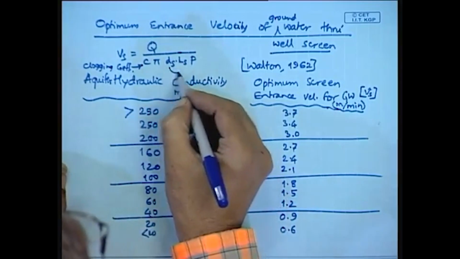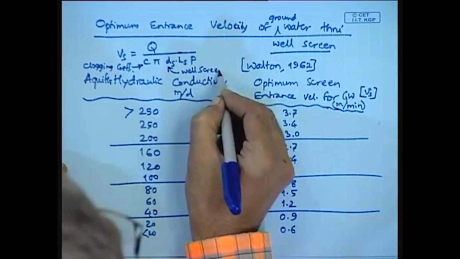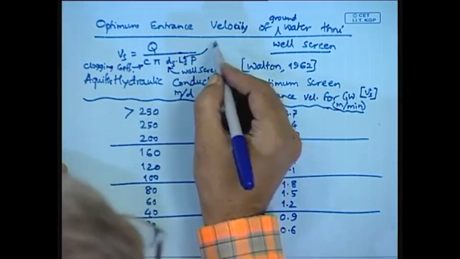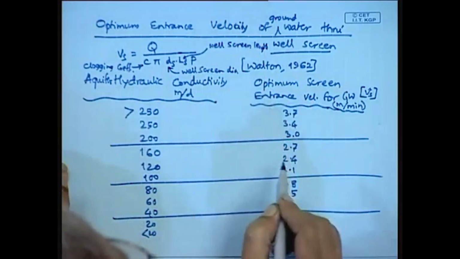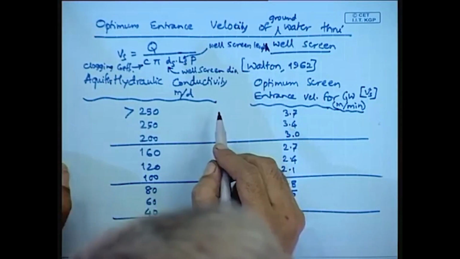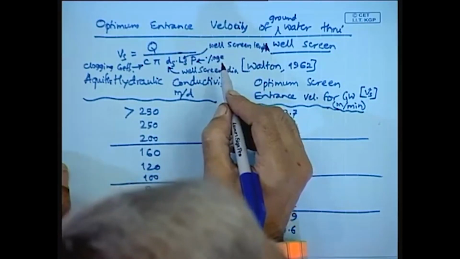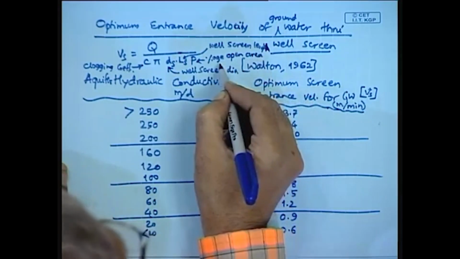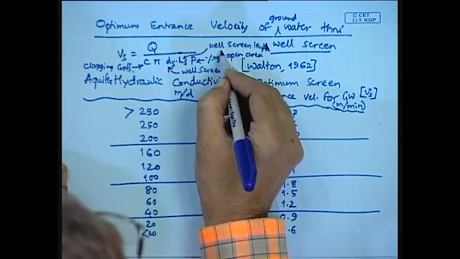Then ds is the well screen diameter, Ls is the well screen length, and lastly P is the percentage open area in the screen.